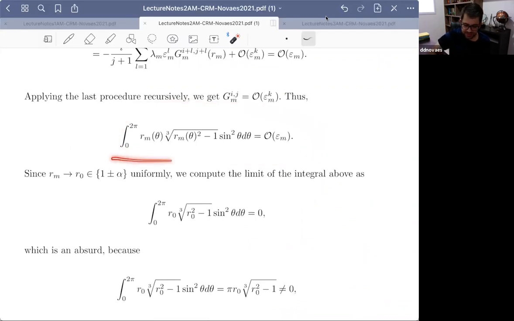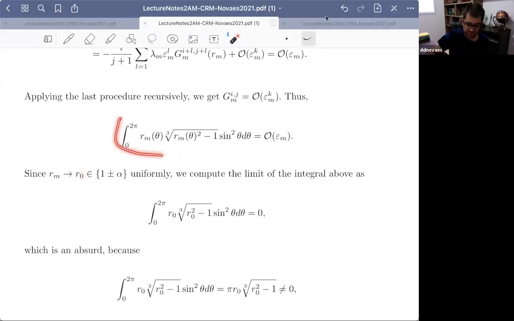So taking the limit here for epsilon going to infinity, we know that these functions are uniformly convergent to a constant function R0. Okay, so the integral with the limit here, we can commute this operation.